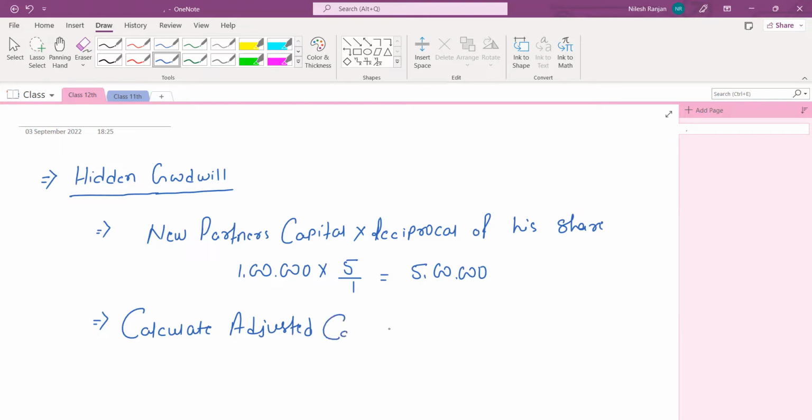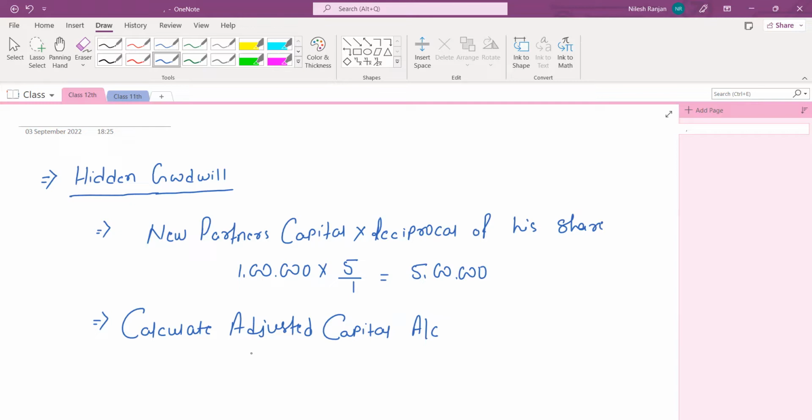So we have to adjust all those items in capital account, and then we calculate adjusted capital. After calculation, we total all the partners' adjusted capital, and then we deduct it from total capital of firm. So that is the correct answer given by you. This is our hidden goodwill.